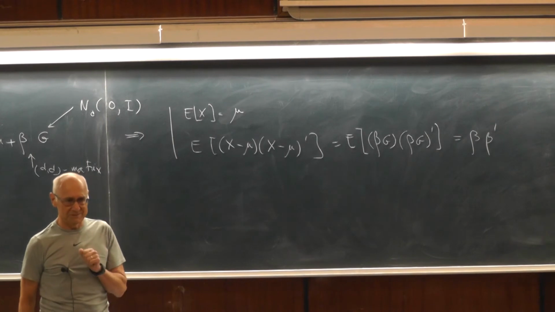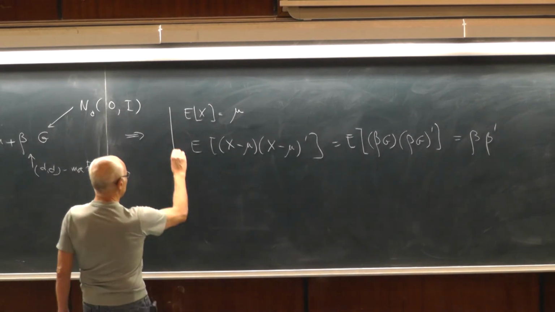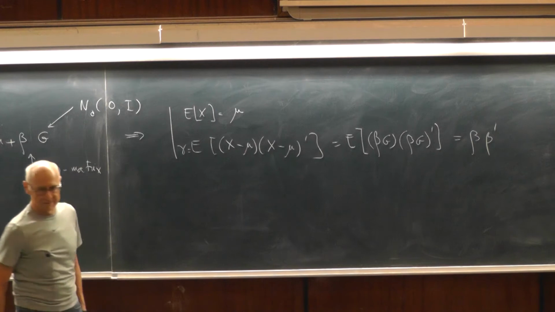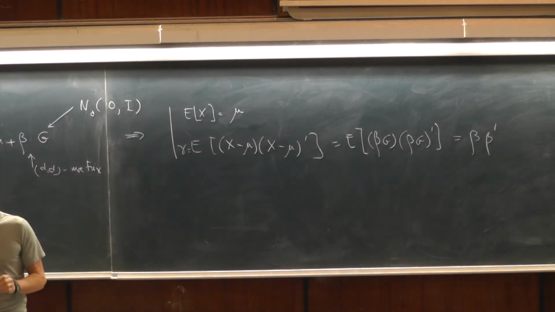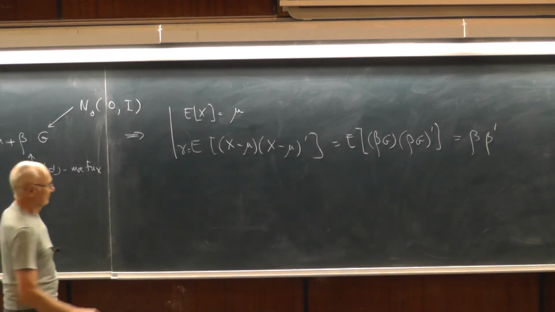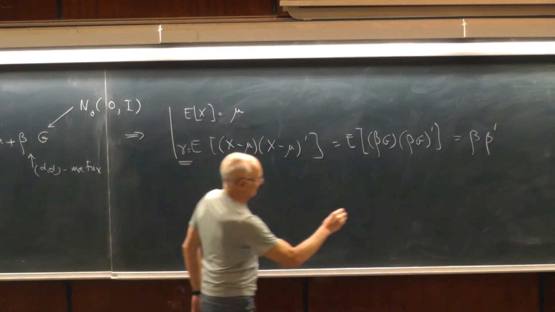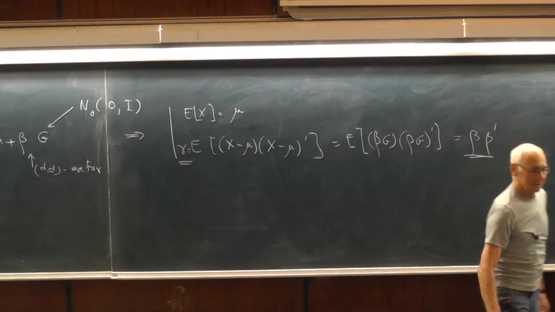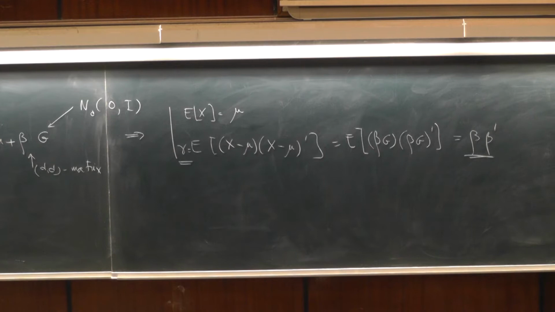So what does it mean? This is gamma, right? We need to find the beta which provides this decomposition of gamma. Now, it turns out there is a theorem telling you that you can always find such a beta. I'm not going to get into details.